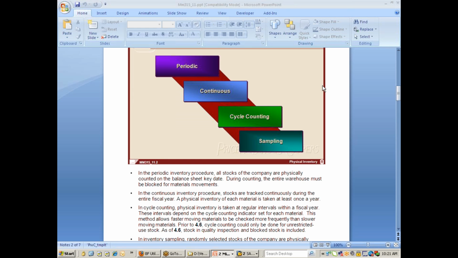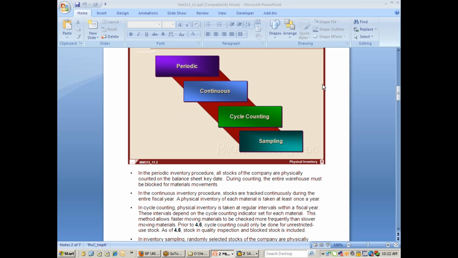Cyclic counting means if you take any company or any organization, there will be certain materials which move faster than some other materials. If you want to classify your materials, you will have fast moving goods, slow moving goods, very slow moving goods, and so on. Isn't it?